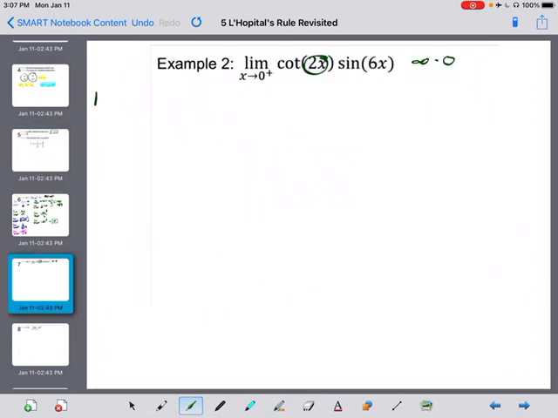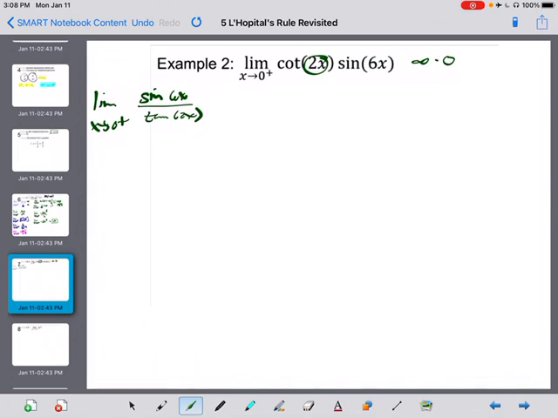I'm thinking we'll do the limit as x approaches 0 from the right of sine of 6x divided by tangent of 2x. The reciprocal of cotangent is 1 over tangent, which is the same thing here as if I put tangent of 2x into the denominator.